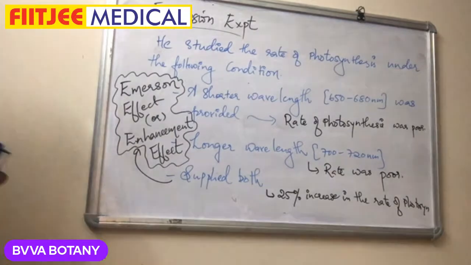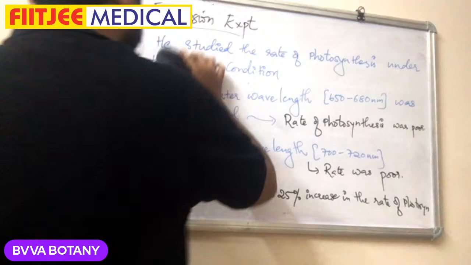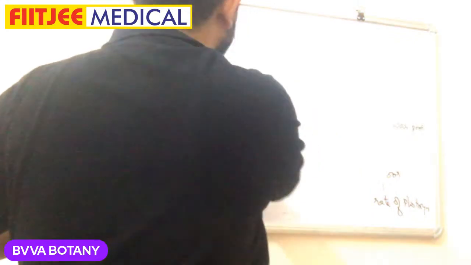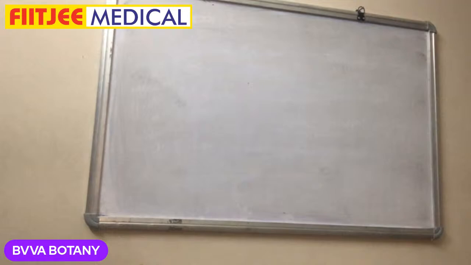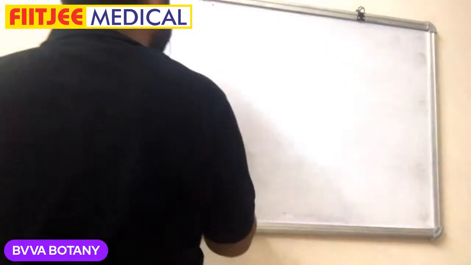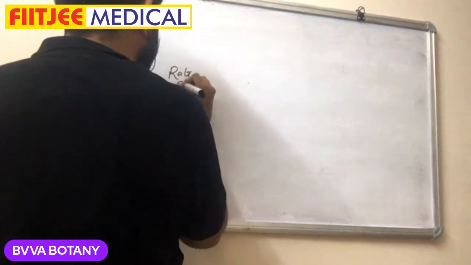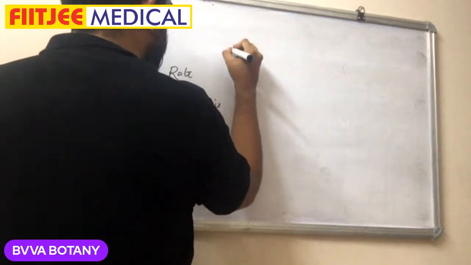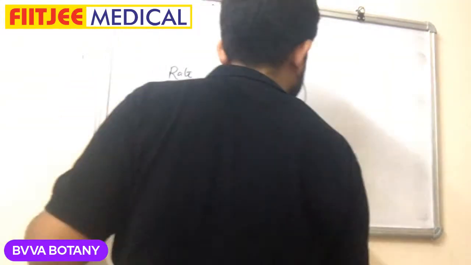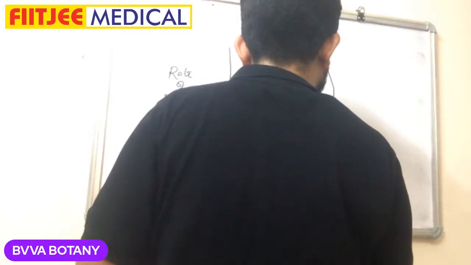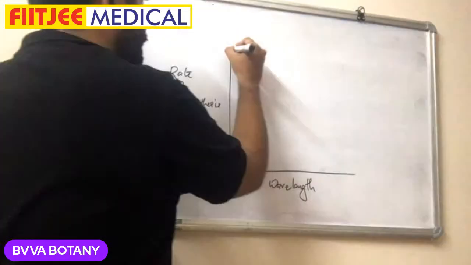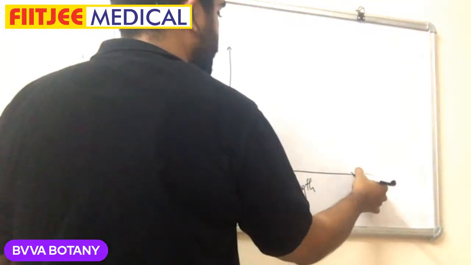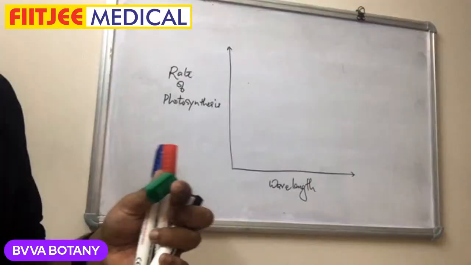Just graphically, for our easy understanding: the rate of photosynthesis. In the first case we have given 650 to 680 nanometer.